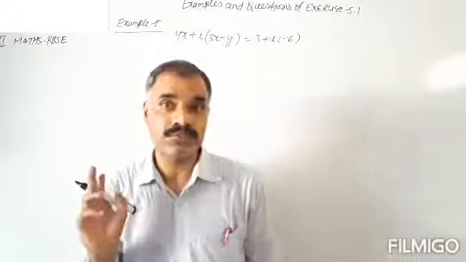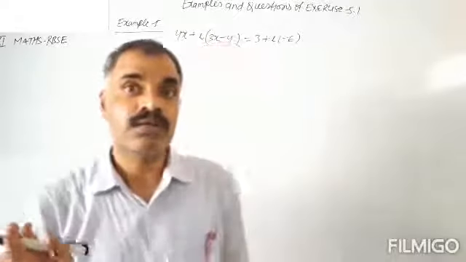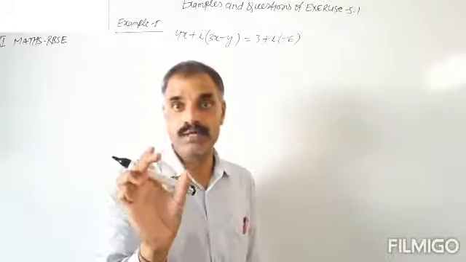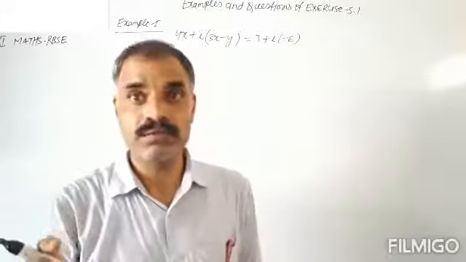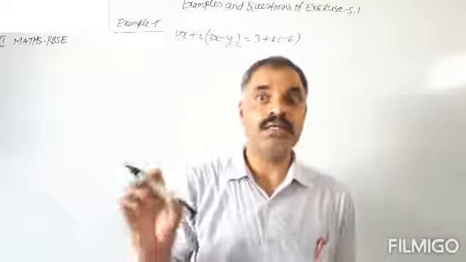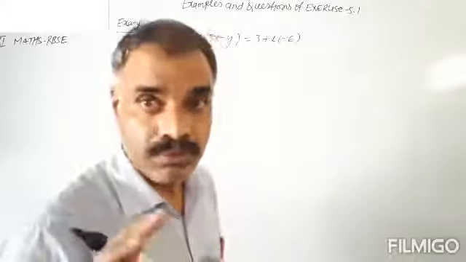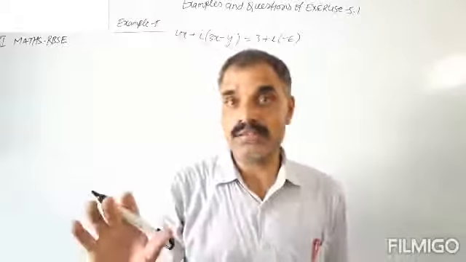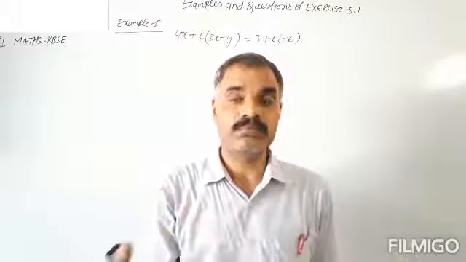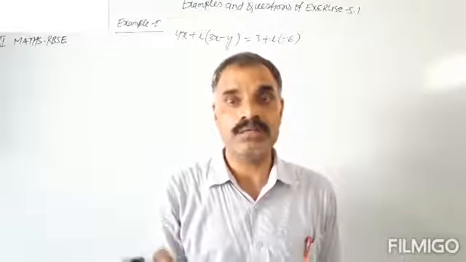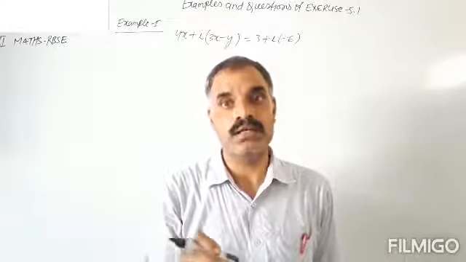So this is the first example, in which two complex numbers are given equal and we have to find the values of x and y. We have already told you two complex numbers are equal if their corresponding parts are equal.